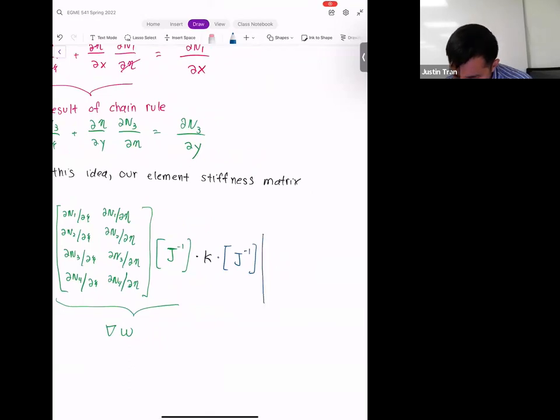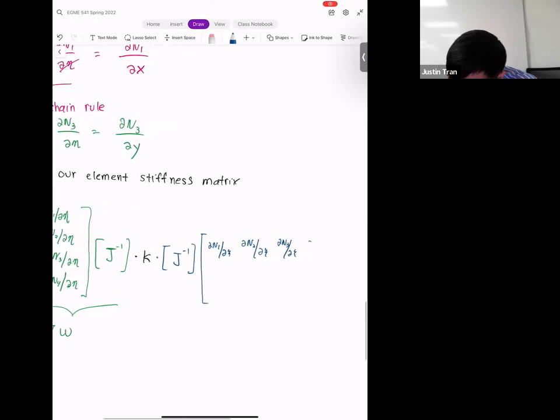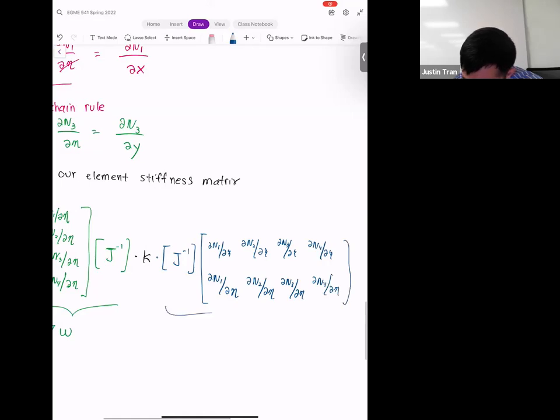Then we have all the shape function derivatives with respect to the parent coordinates: partial N1, partial epsilon, partial N2, partial epsilon, partial N3, partial epsilon, partial N4, partial epsilon, and all the same things with respect to eta. These two together in blue, this is the gradient of T.